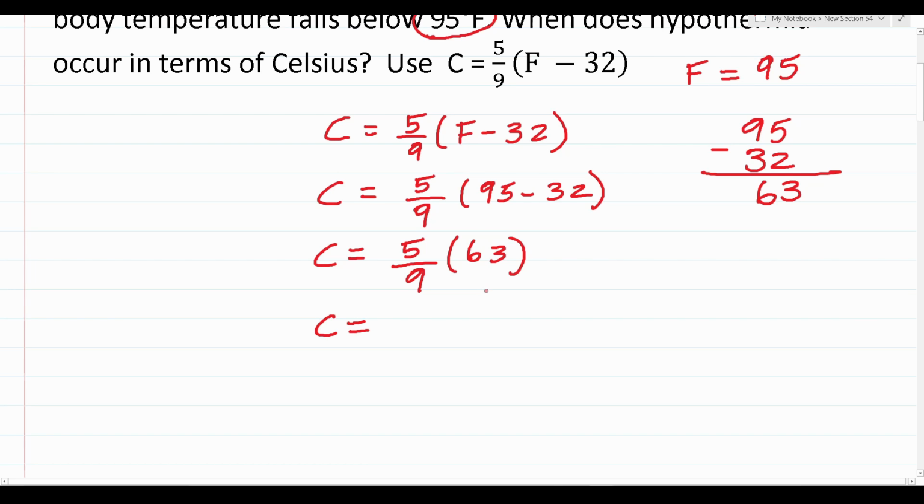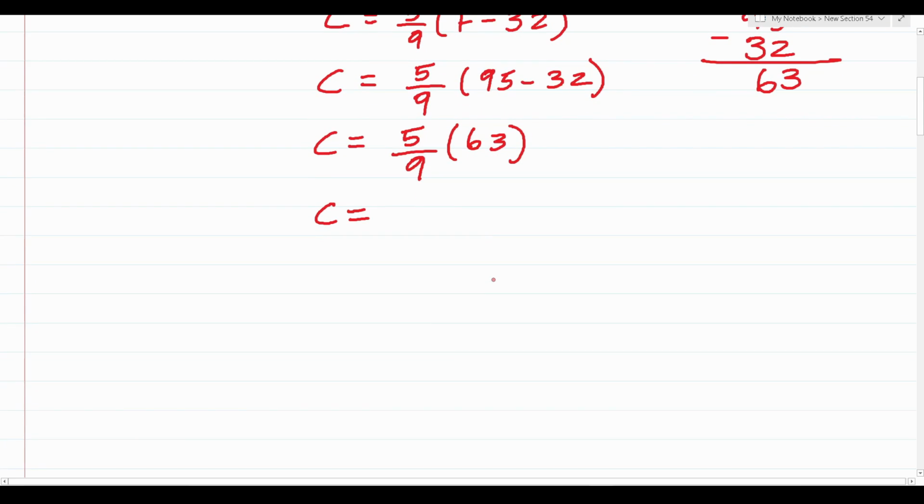All right. So at this point, we can rewrite this such that it becomes a little bit clearer as to what's going on. More specifically, at this point, we can go ahead and drop those parentheses, and instead we'll write in a multiplication symbol. So this is 5 over 9 times 63.